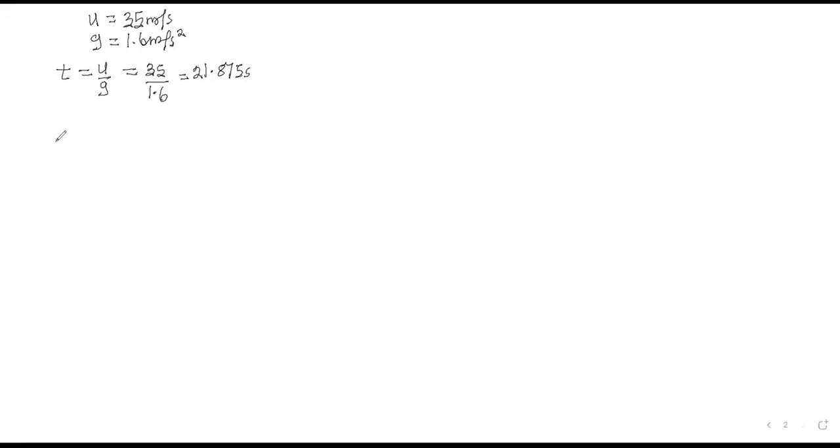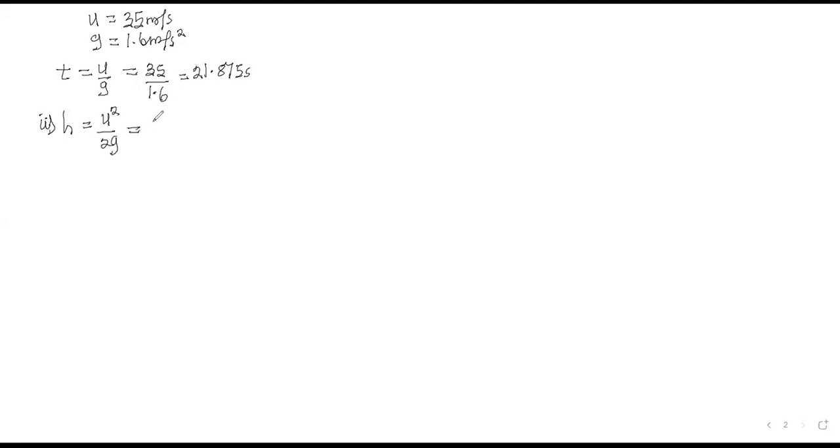So mark it. If you got it right, mark yourselves correct. Question 2. The maximum height reached by the ball. Once it's vertically upward motion, maximum height is U squared over 2G.